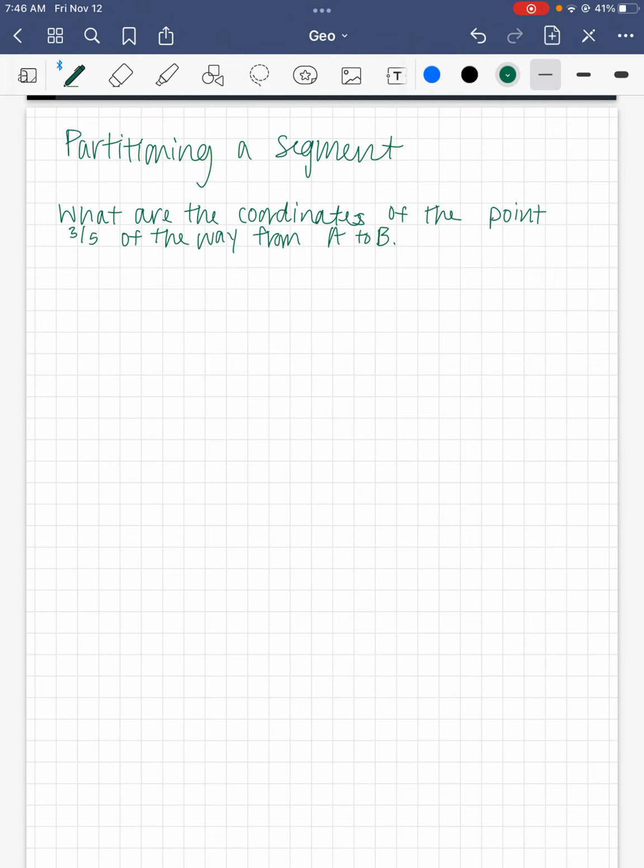We have A right here. It looks like our y-axis is, this is at -4, and this is at 0. Here's our x-axis. Okay, and then B is over here.